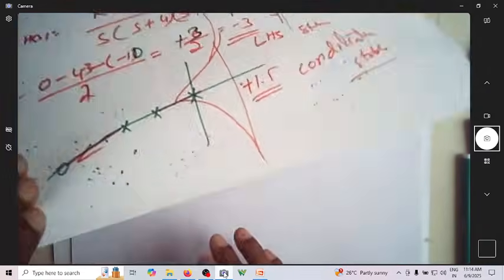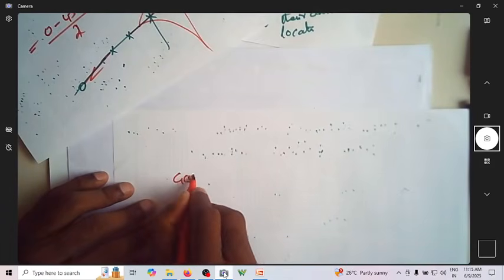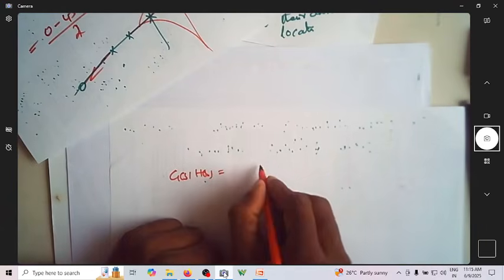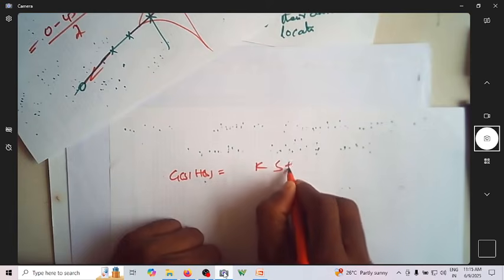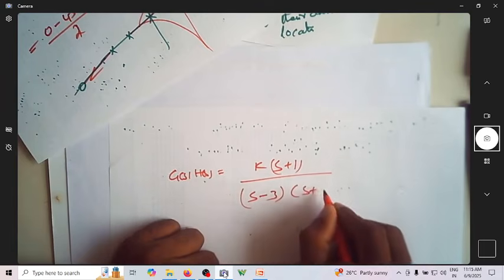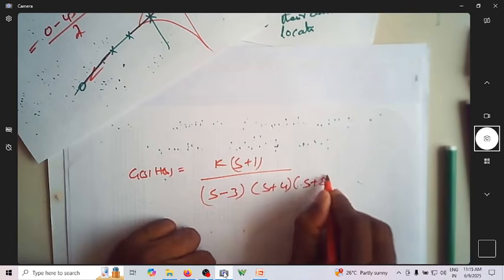So I can take another example, maybe G(s)H(s) equals K into (s+1) over (s-3)(s+4)(s+8).